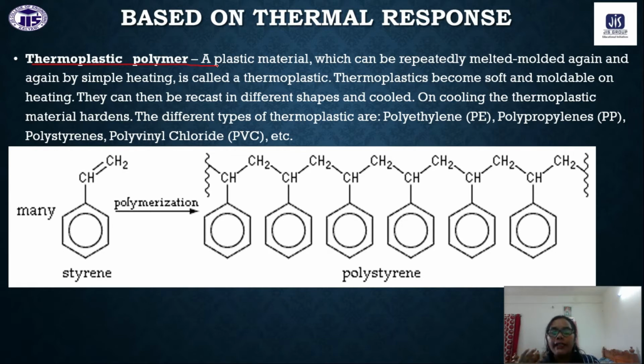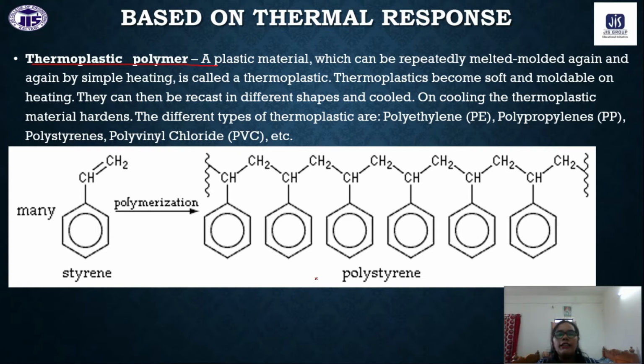When we heat the thermoplastic polymer, it will melt, and then again they can be made into different shapes, and on cooling the thermoplastic materials again become hard. This is possible because of the weak intermolecular forces.